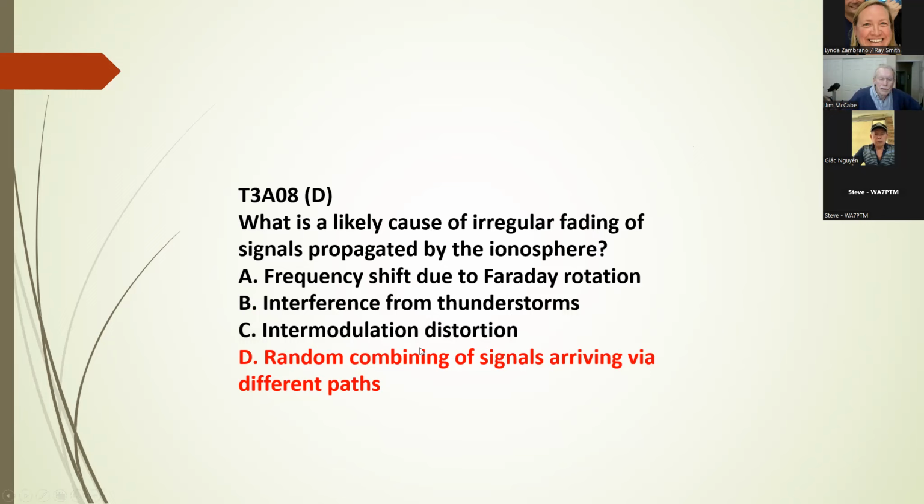That leads you to answer D, the random combining of signals arriving by different paths. You can have the same effect in signals going up through the ionosphere as you can with multipath on the ground, through buildings and other obstacles. So again, this is another instance of multipath.